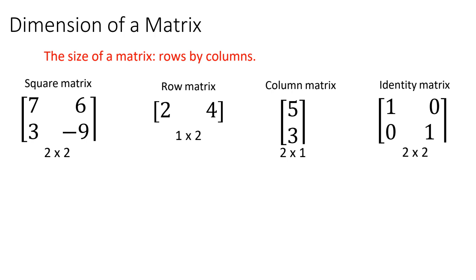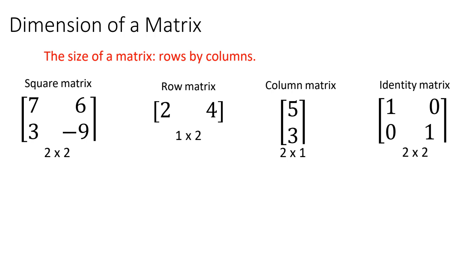Okay, so let's look at this next example. This next example, if you see, we have only 1 row and 2 columns. So whenever we just have 1 row, we call this a row matrix, and the size of this matrix would be a 1 by 2.